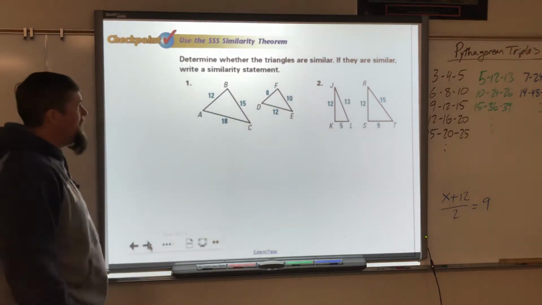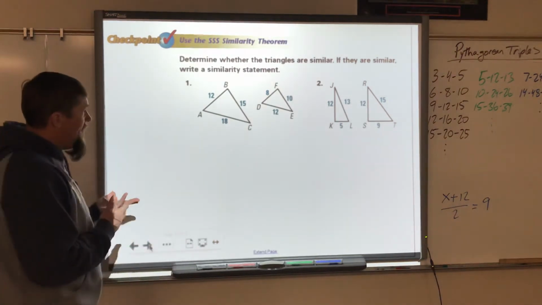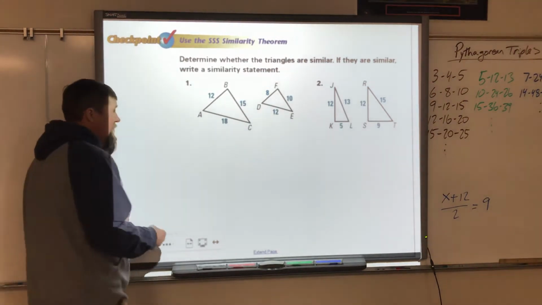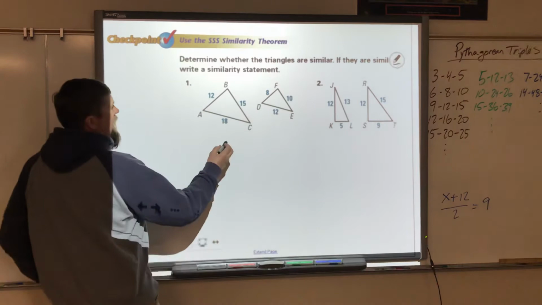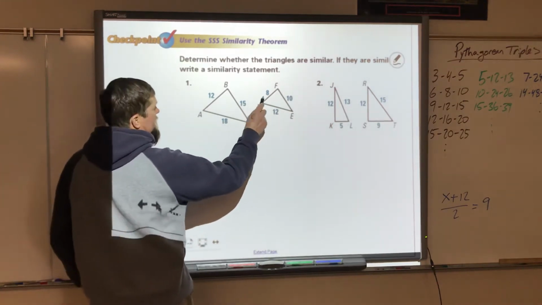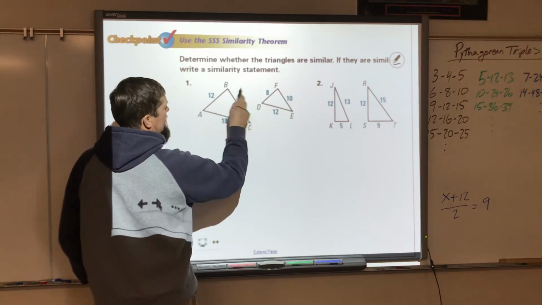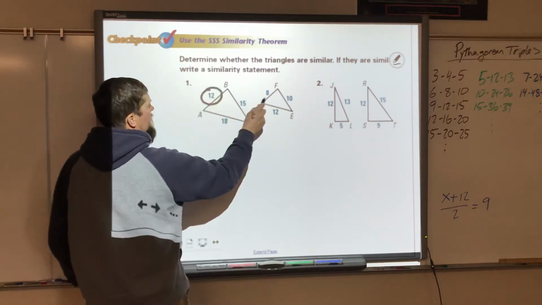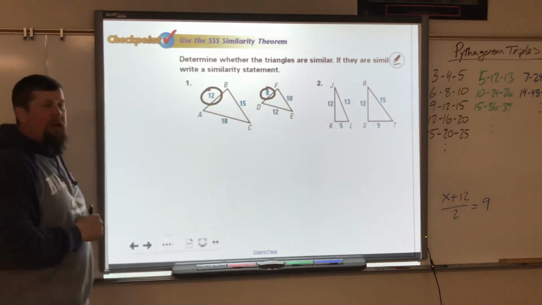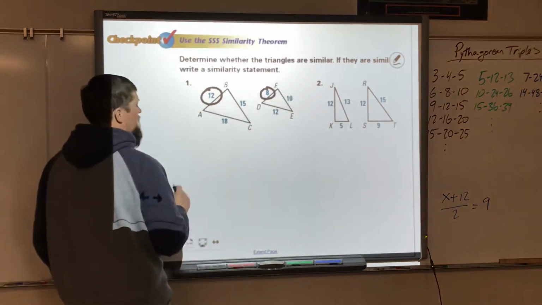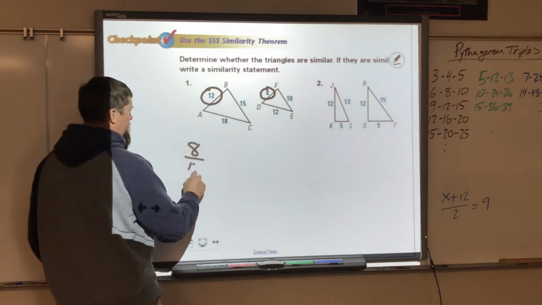Okay, welcome back. Let's identify which sides would be proportionate if they had to be or could be. We always want to look at the lowest sides. So 12 and 8 correspond because they are the lowest sides or the side lengths of each triangle. So they would have to correspond. So 8 to 12.